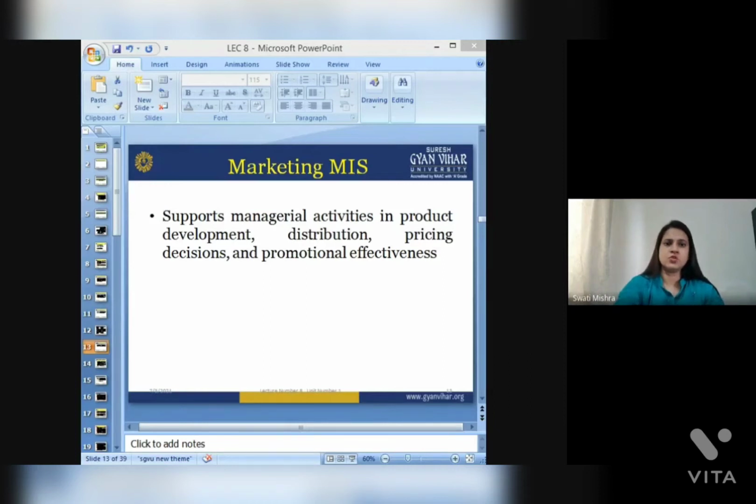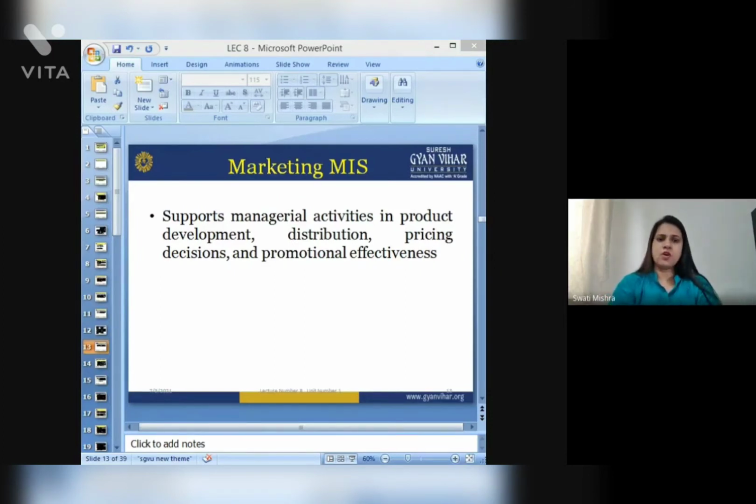These decisions could be in the area of advertising, they could be in the area of any sort of product development, and it could be in the area of pricing of the product or anything like that.